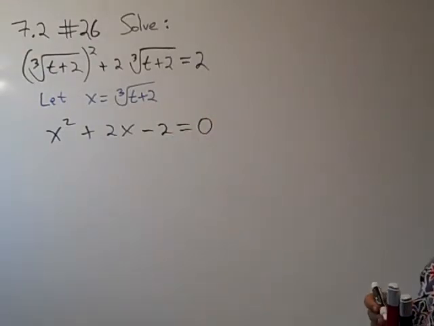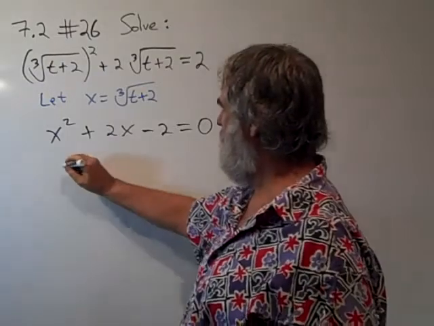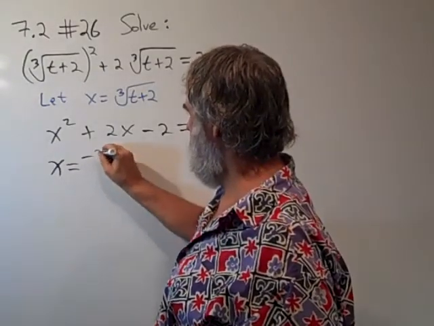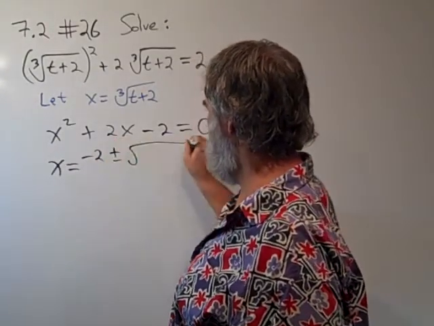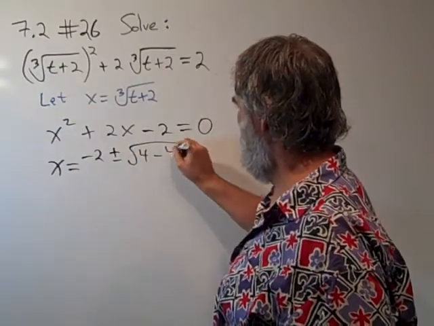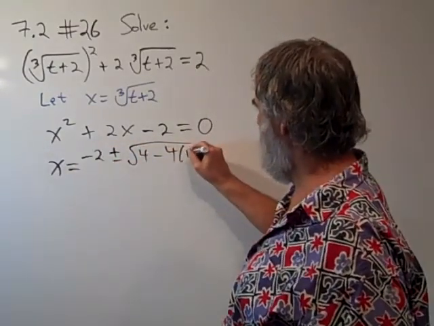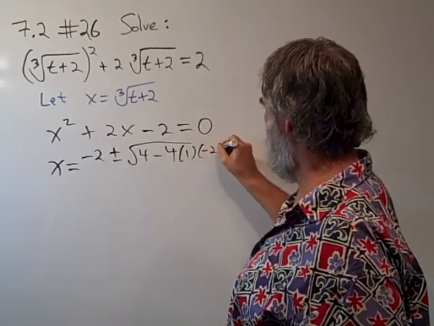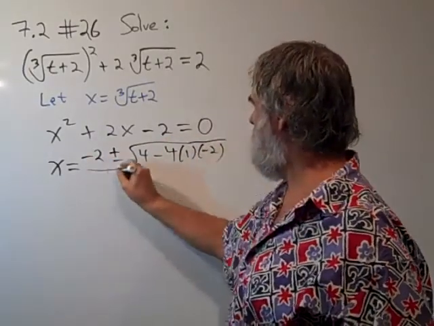And we can apply the quadratic formula to this. We get that x is equal to negative 2 plus or minus the square root of 4 minus 4 times a times c, all divided by 2 times a.